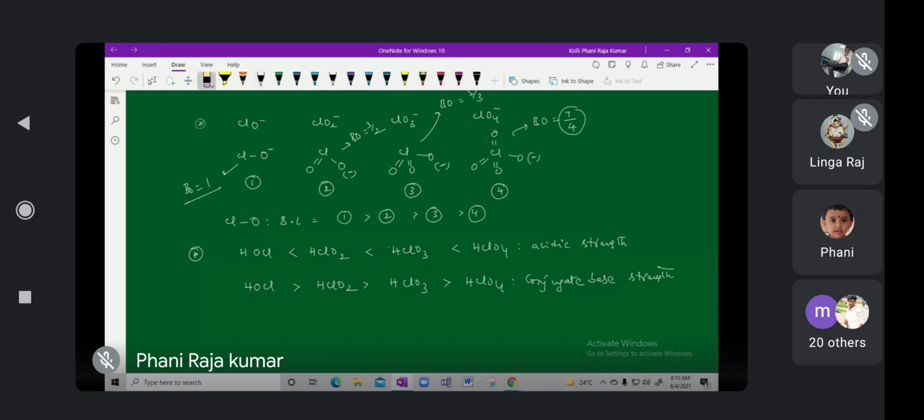Weak acid, strong conjugate base. So remove hydrogen and it becomes anion, conjugate base strength. Next point.